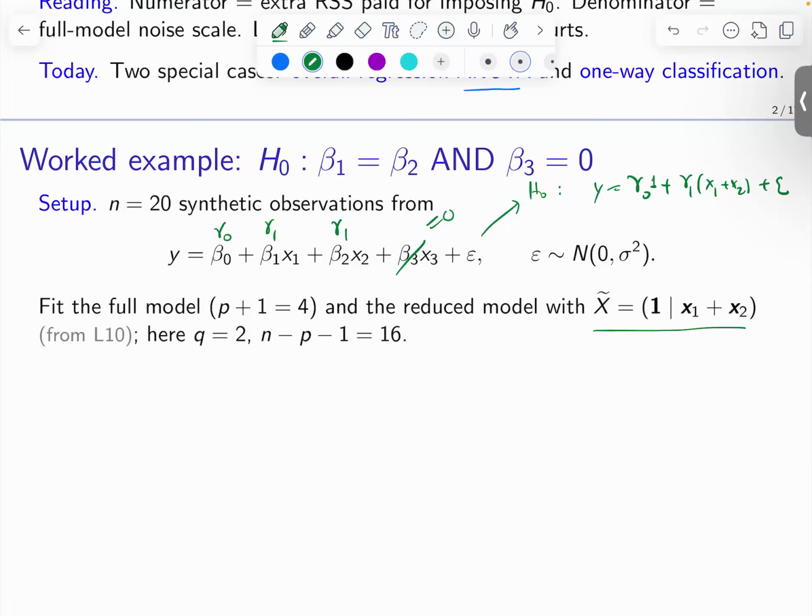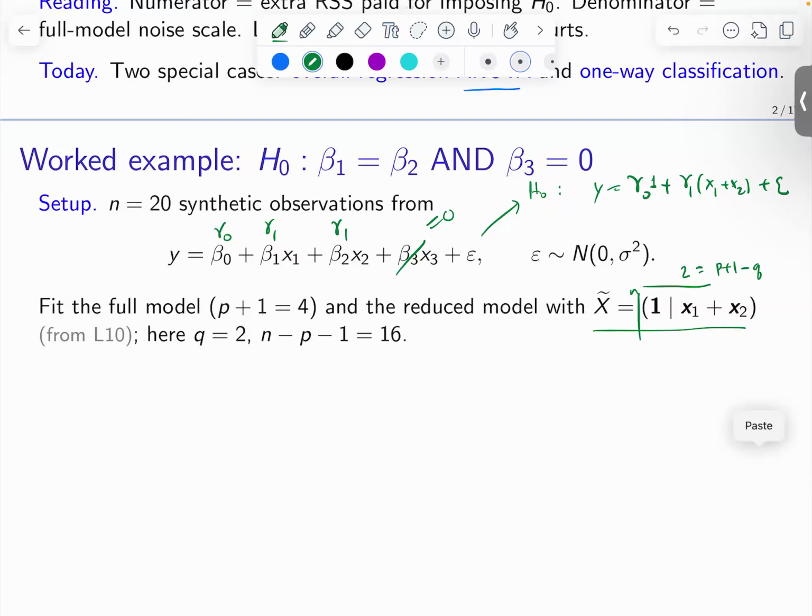This is like all ones here. And then the column of x1 plus x2. Okay, that's kind of the n by 2 matrix. This 2 is really p plus 1 minus q. Right, p plus 1 is 4.